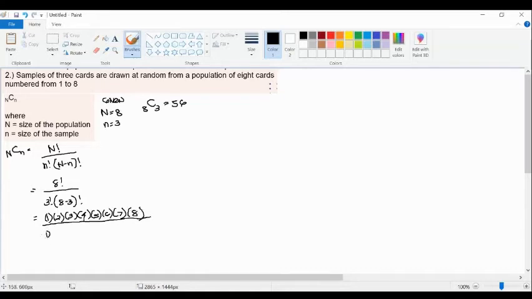Then 1 times 2 times 3, multiplied by 8 minus 3, that is 5, so 1 times 2 times 3 times 4 times 5. Or simply, we can write this as 8 factorial over 3 factorial times 5 factorial.